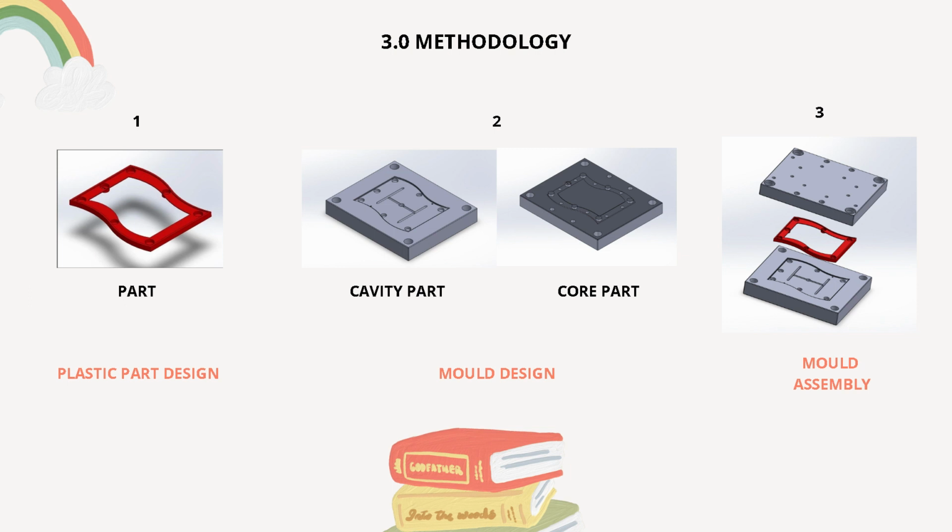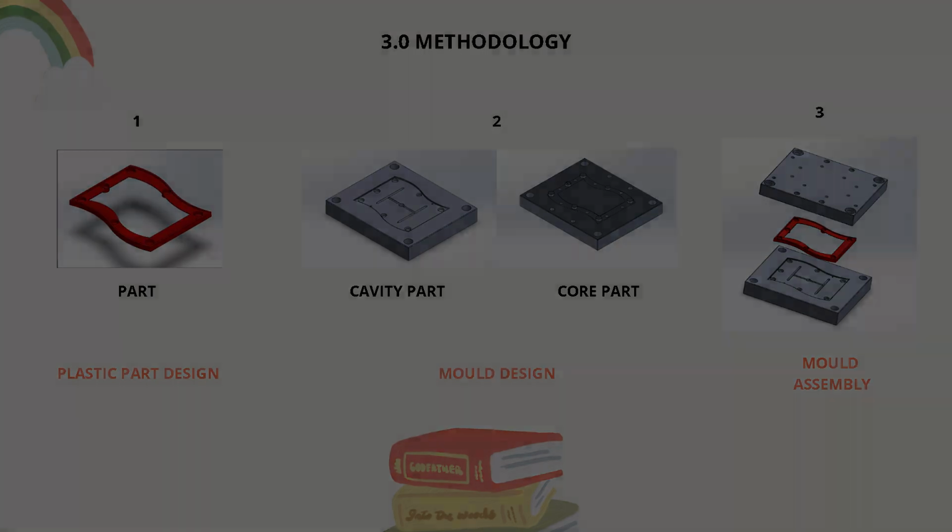A core part is the side of the tool where the plastic part is ejected from, while the cavity part is the upper half of the injection mold, usually the show surface of the finished product but is mainly concave. And the last process is to assemble the core and cavity.